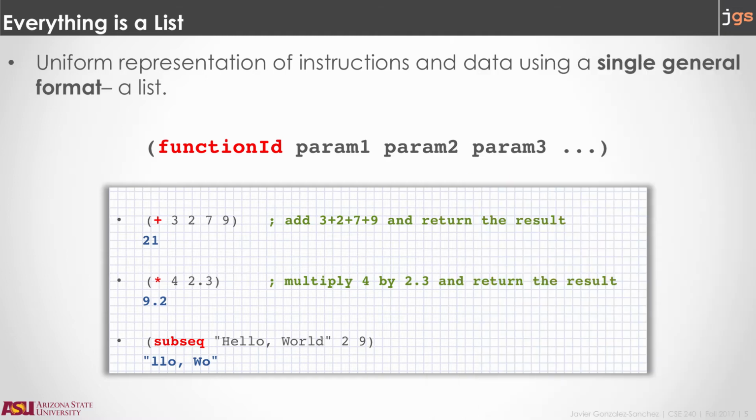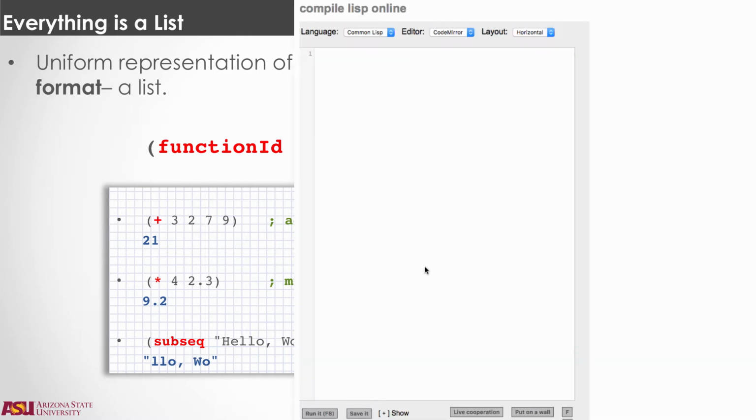Let me show you the online interpreter. Be careful if you use the online interpreter, because in the online interpreter, you are not going to have feedback about what is happening in each line. The only thing that you are going to be able to do is to run your program.